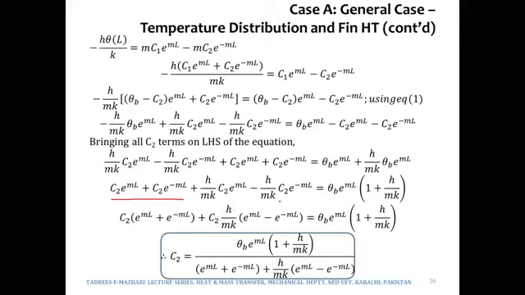And from these 2 terms, which are h over mk terms, we have taken h over mk common out and C2 common out as well. So we would have e to the power ml minus e to the power minus ml.